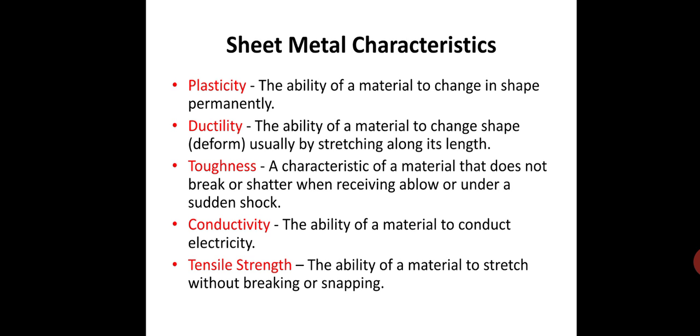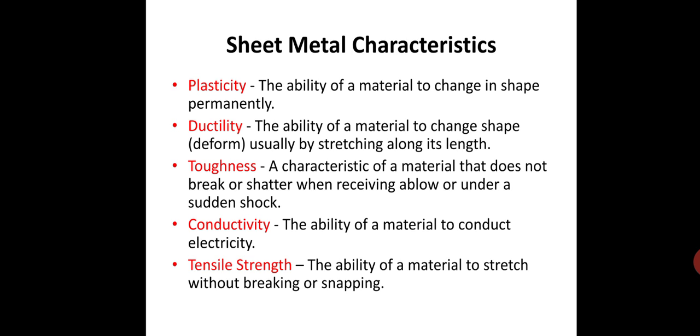And the next characteristic is plasticity: the ability of the material to change shape permanently. The next is ductility: the ability of the material to change shape, usually by stretching along its length.